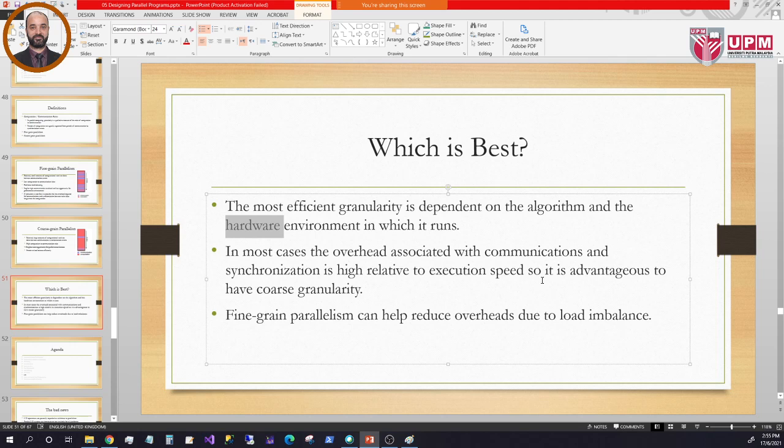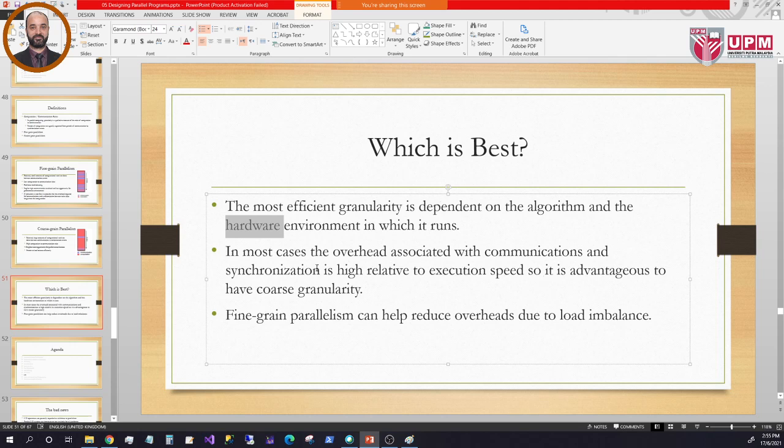Okay? So in most cases, the overhead associated with communication and synchronization is high relative to execution speed, so it's advantageous to have coarse grain.